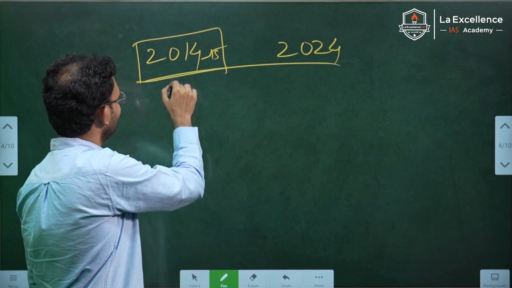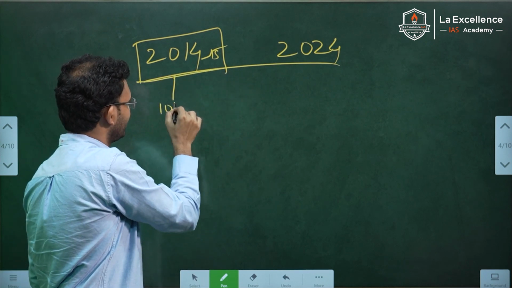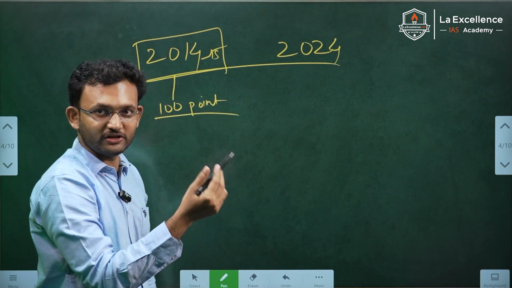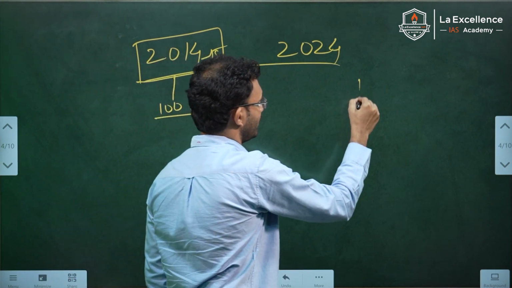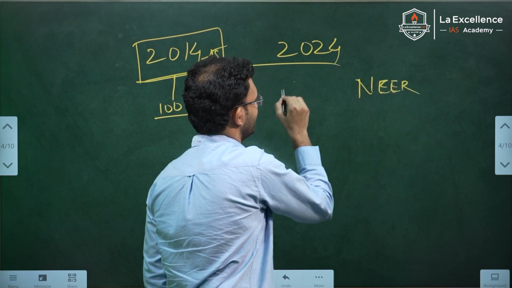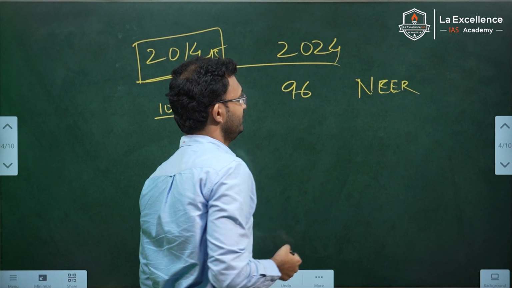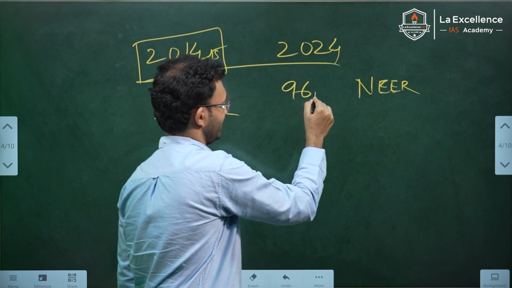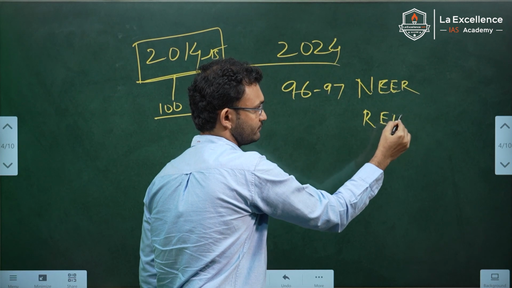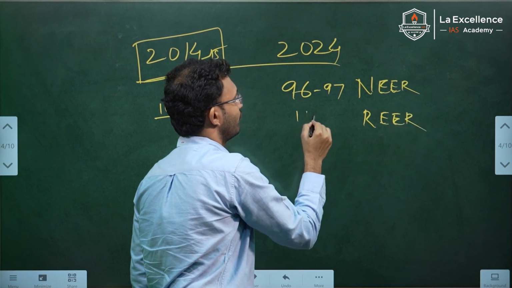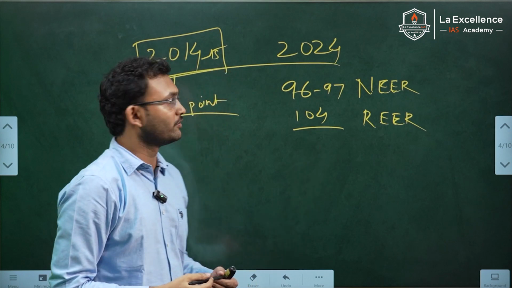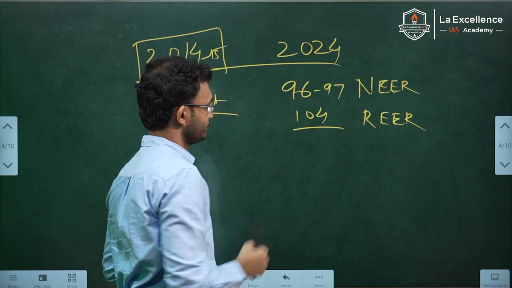Comparatively, if you consider 2014-15 as 100 points, in 2024, NEER is at 96 and it's hovering between 96 and 97. Whereas REER is at 104. And again, a disclaimer, these are rounded off values.